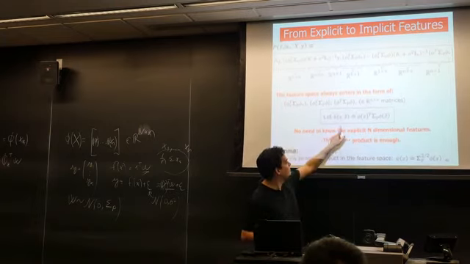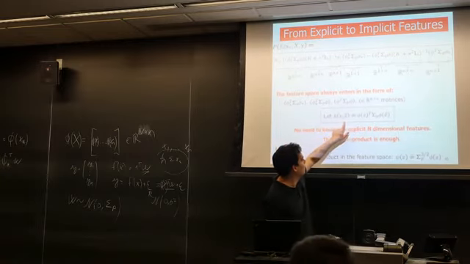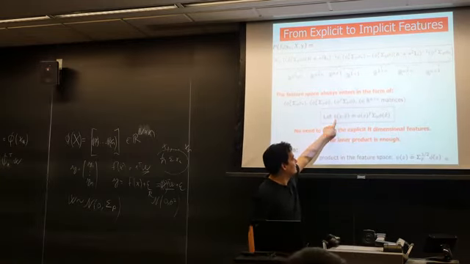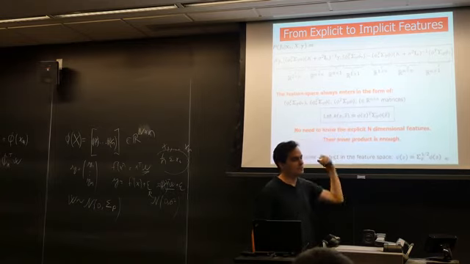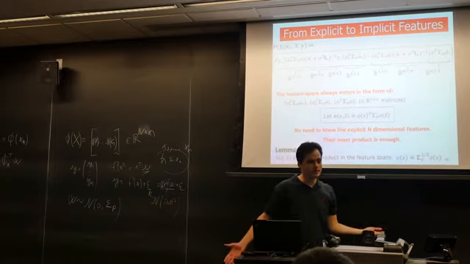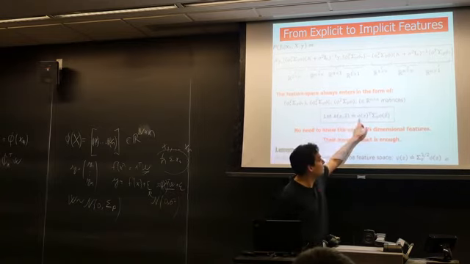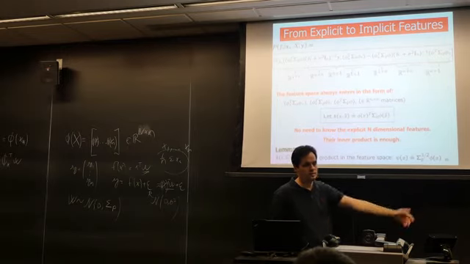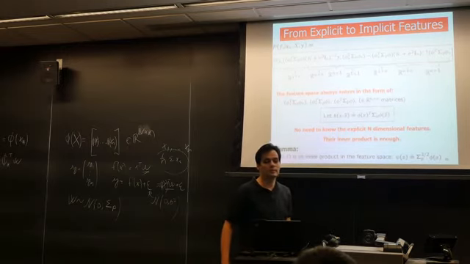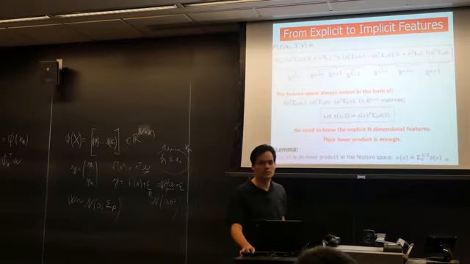I'm just defining it: I start with the Gaussian kernel, and because I know it's a proper kernel function, there must exist a phi and a sigma and phi such that this holds. And then you don't need to calculate phi.